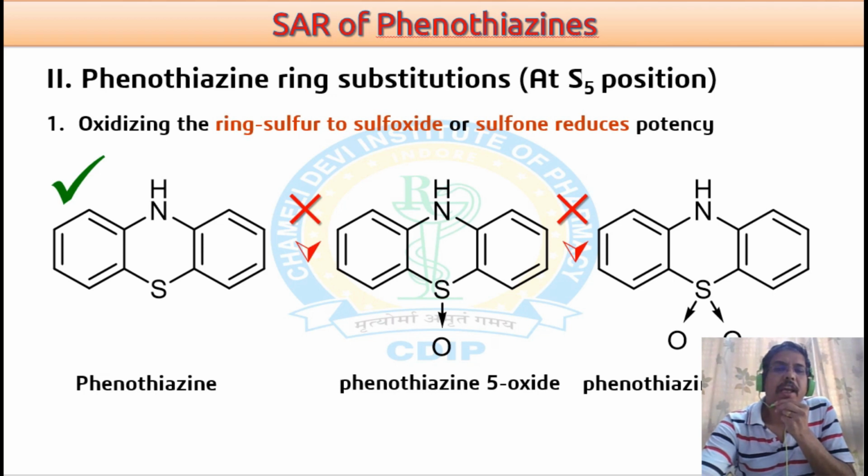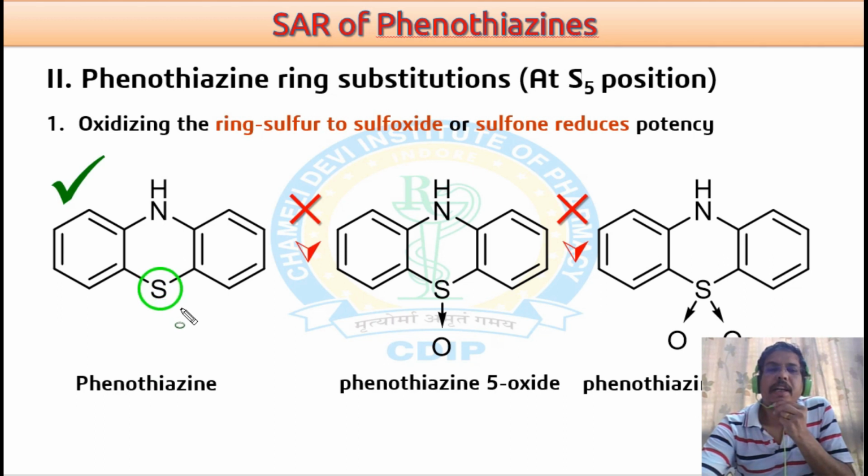Then if we go for modifications on the sulfur, which is present on the fifth position in the phenothiazine, in the form of monoxide or dioxide forms, then in both cases the sulfur oxide or sulfone pattern is responsible for reduction of activity.